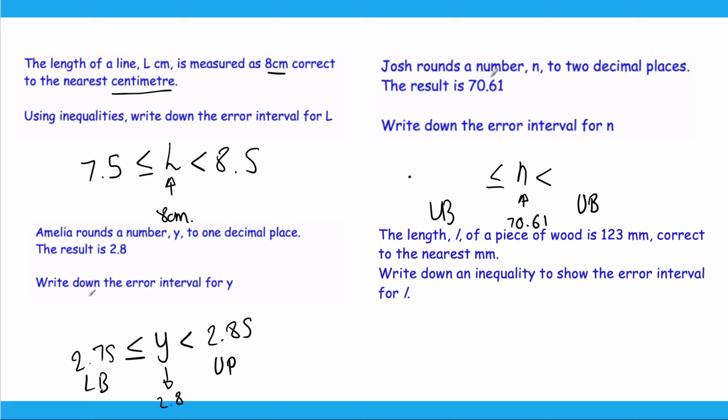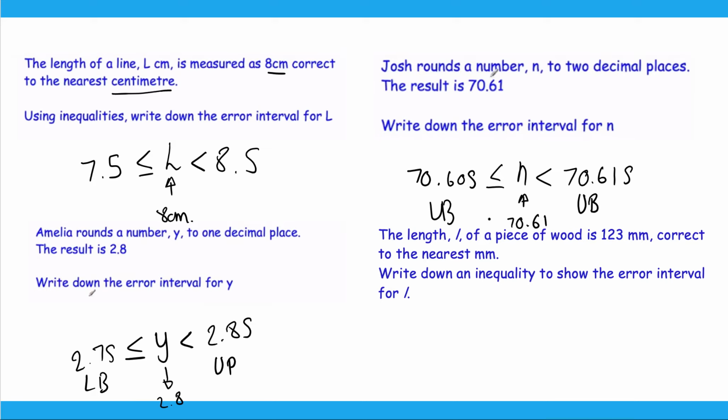The lower bound would be 70.605, because that would round to 70.61. So 70.605 would be our lower bound, and our upper bound would be 70.615. It has to be strictly less than this number, and that would be our error interval.